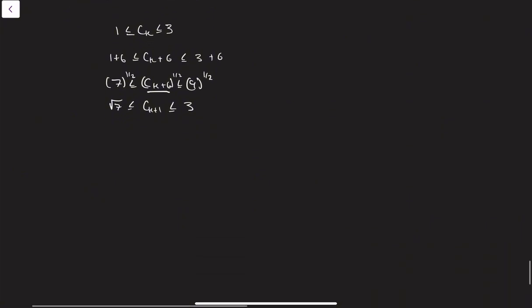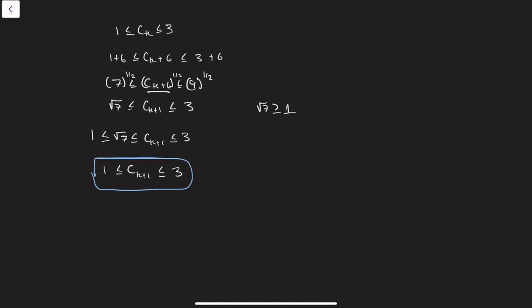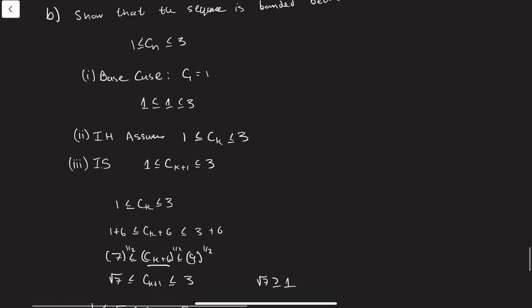But hold on, this is exactly what we want, because root 7 is greater than or equal to 1. So we can say that 1 is less than or equal to root 7, which is less than or equal to C(k+1), which is less than or equal to 3. Thus, we can equivalently write that C(k+1) is between 1 and 3. This is exactly what we wanted to prove through our induction step.